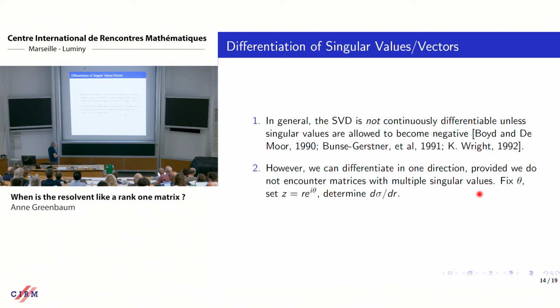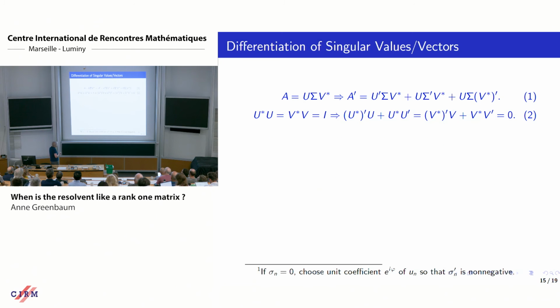So if we fix an angle theta, set Z equal to R e to the I theta, we can determine the derivative of sigma with respect to R for each given theta. How does this work? Well, it works very easily. You just write down the equation for the singular value decomposition, and then you differentiate term by term.